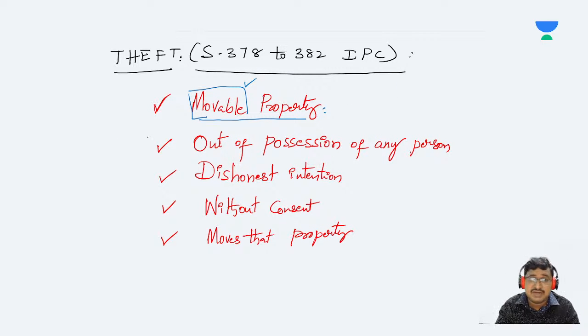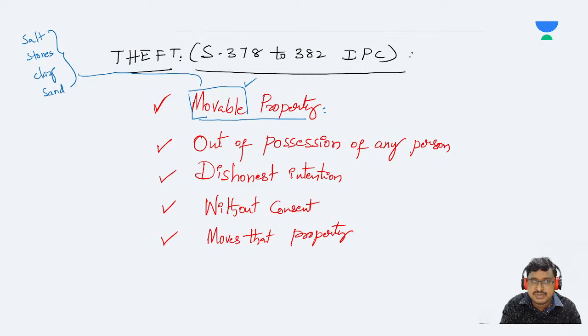Theft of salt, stones, clay, and sand come under the purview of movable property.